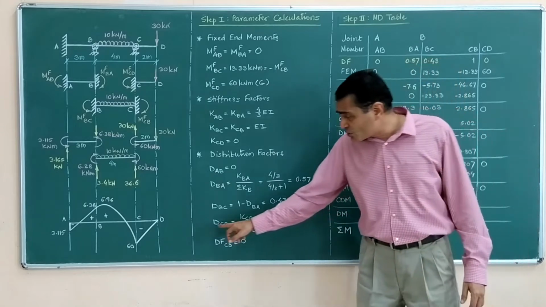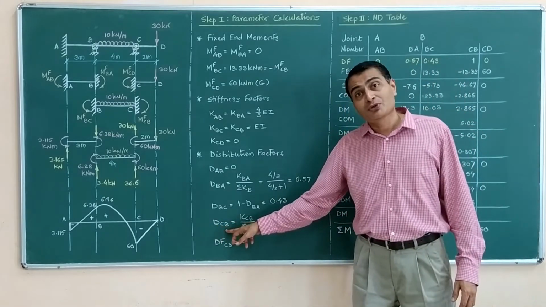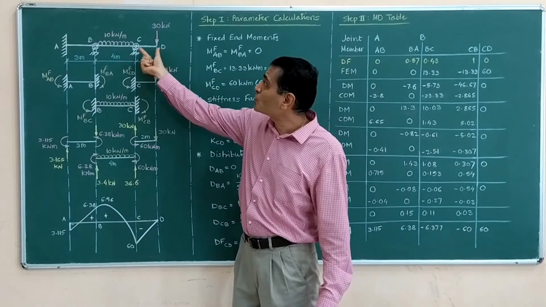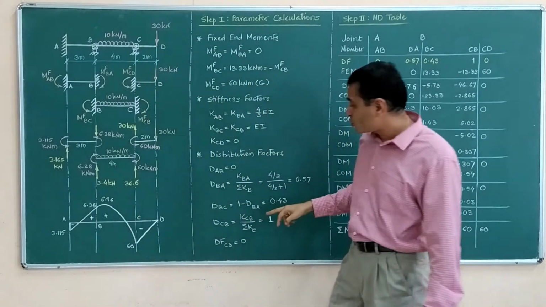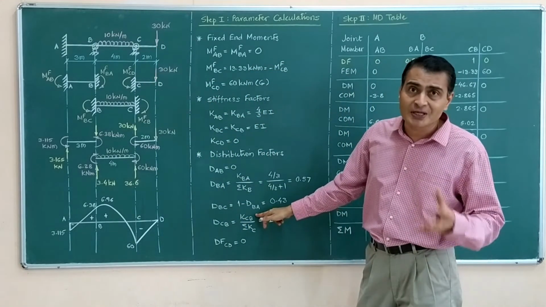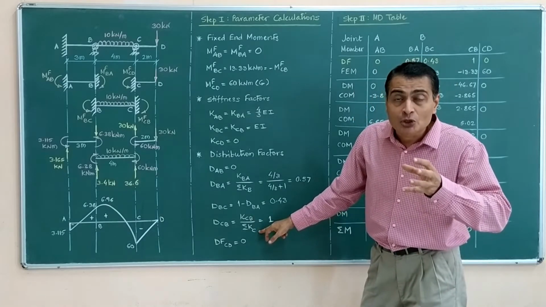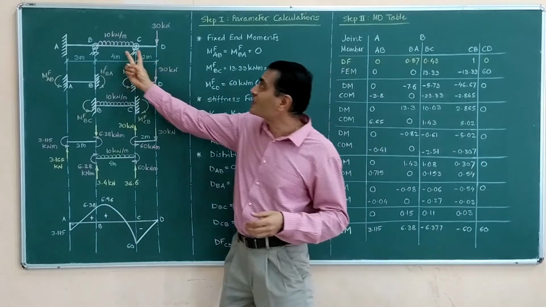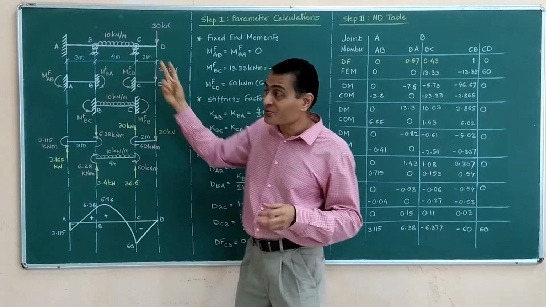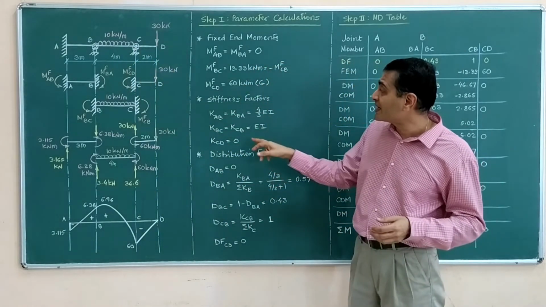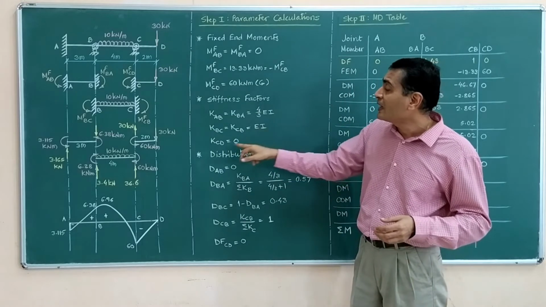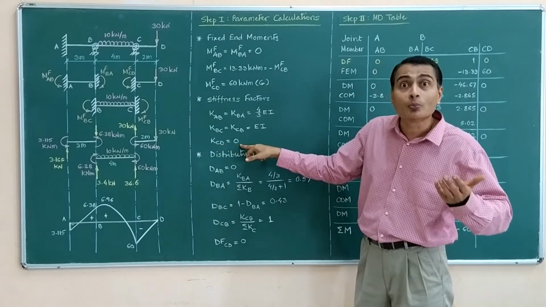And then distribution factor for CB. When you think of distribution factor for CB, it is going to be stiffness of CB divided by total stiffness at C. Now total stiffness at C means stiffness of CB plus stiffness of CD. We have already written that stiffness of CB is 1 EI and stiffness of CD is 0.